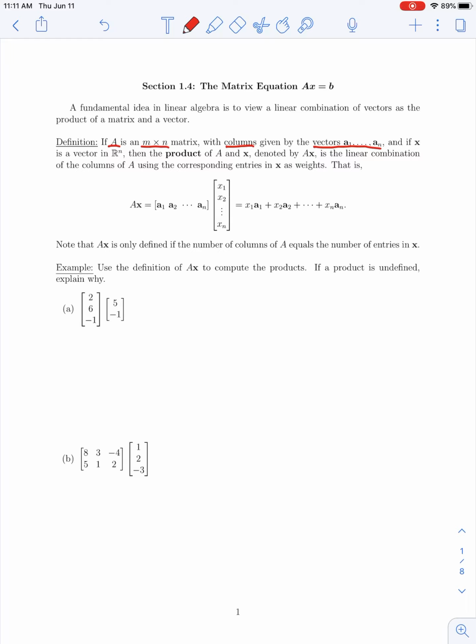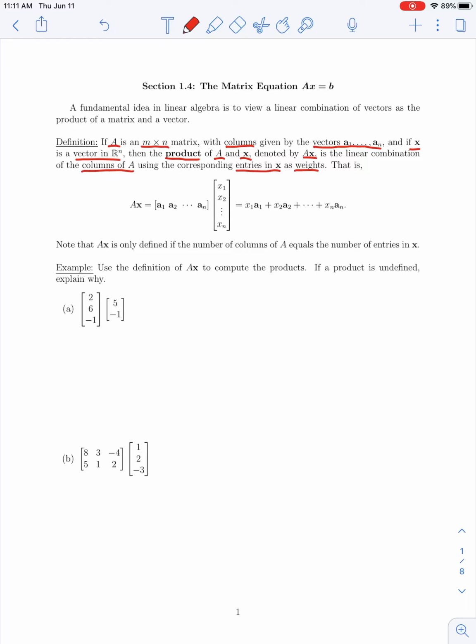So these vectors are the columns of our matrix A. And if X is some vector in Rn, so a column vector, for instance, with N rows and one column, then we would define the product of the matrix A and the vector X, denoted as A times X, as the linear combination of the columns of A using the entries of X as the weights of that linear combination.